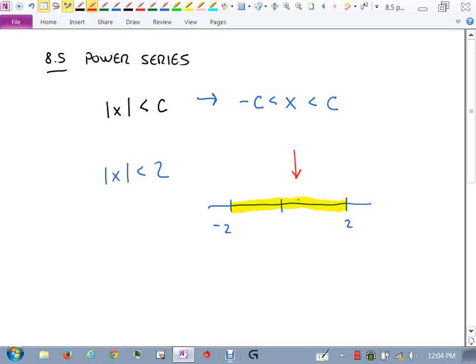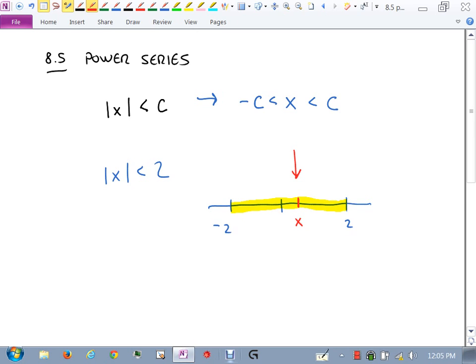So if I pick an x here, the distance between x and the origin is less than 2. I can move to the right of the origin or to the left of the origin, and the distance from x to the origin would be less than 2. Not including the endpoints here, not including negative 2 and positive 2, because it is a strict inequality. All right, we'll use that later.